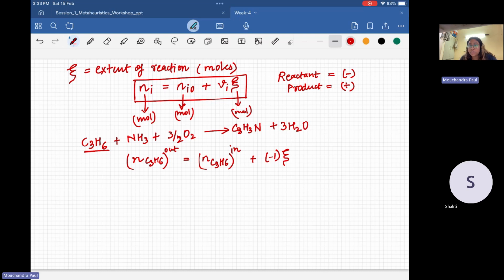Each reaction will have its own extent of reaction value, so xi will be different for different reactions.